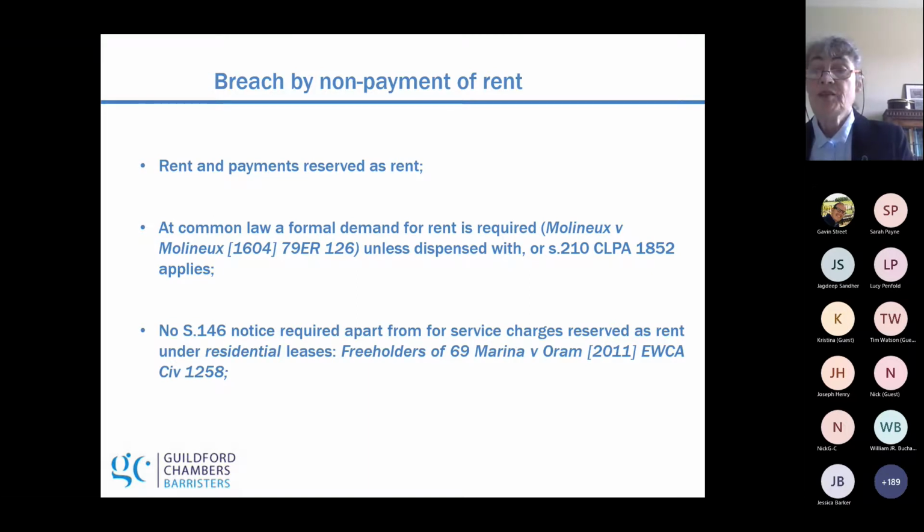In many leases, rent is defined to mean not only the periodical payment by the tenant for exclusive possession of the property, but also other sums which are expressly reserved as rent by the lease, most commonly service charges or insurance. The common law requires that a formal demand for rent is made before forfeiture is exercised.